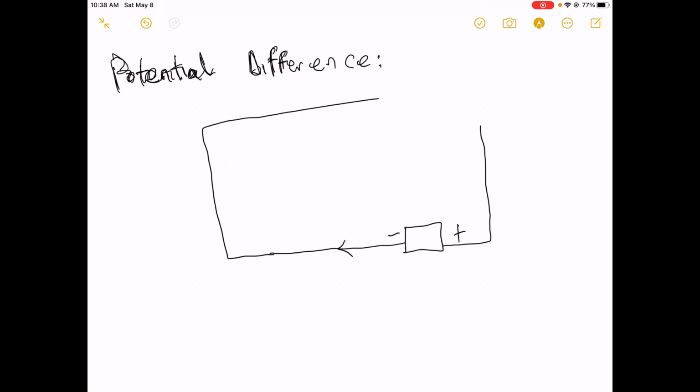Before current can actually come out of this battery, there's something required. There's a force required to bring out current from this battery. If we don't have that force, then there's no current coming out of this battery.